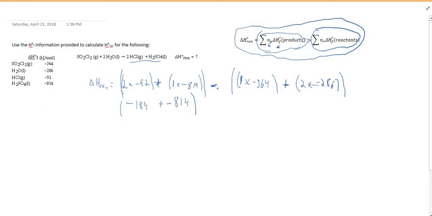So let me just go ahead and actually get that sum. When I get this quantity, that's going to be minus 998. Minus, now I'm going to tackle this thing right here, that's going to be minus 364 plus 2 times negative 286, that's going to equal minus 572.